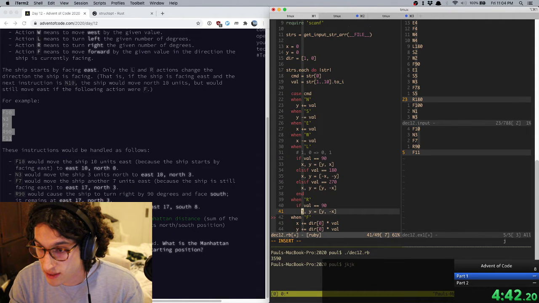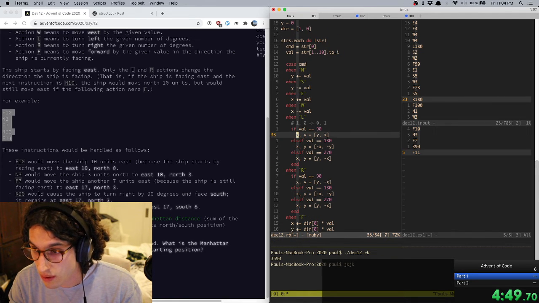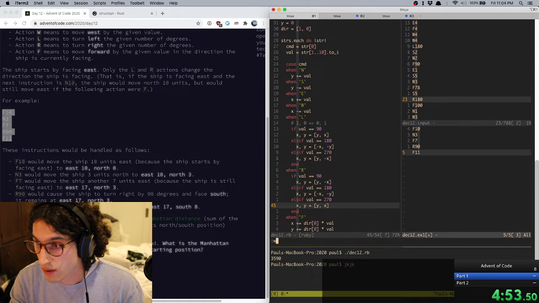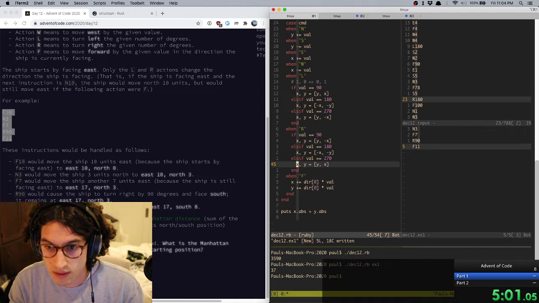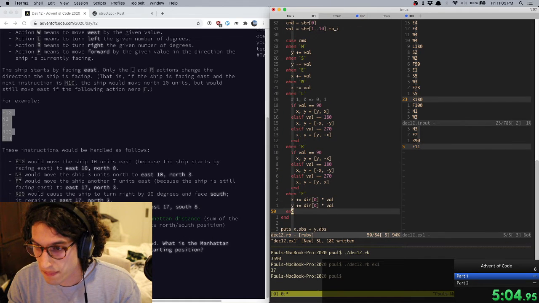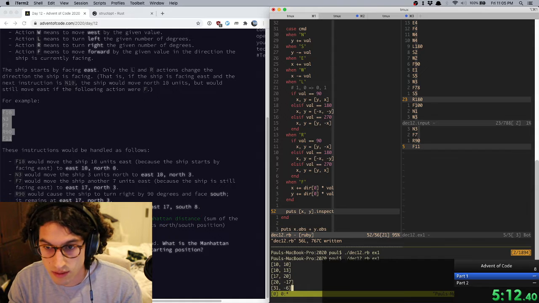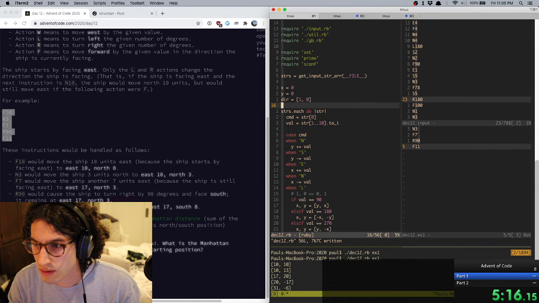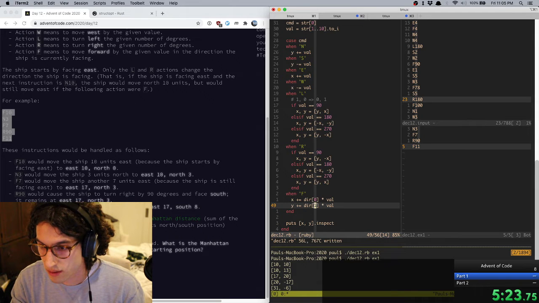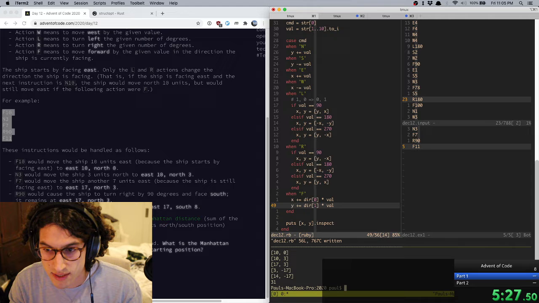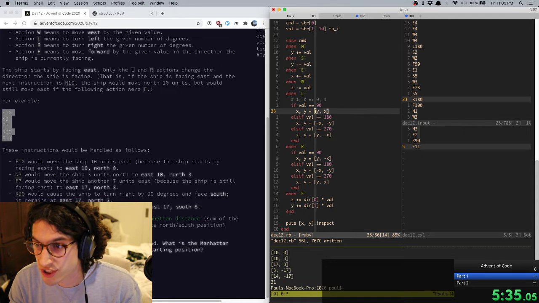If val equals 90. Puts xy.inspect. F10. 10, 0, 10, 3, 17, 3, 7. Oh, ah, shit.